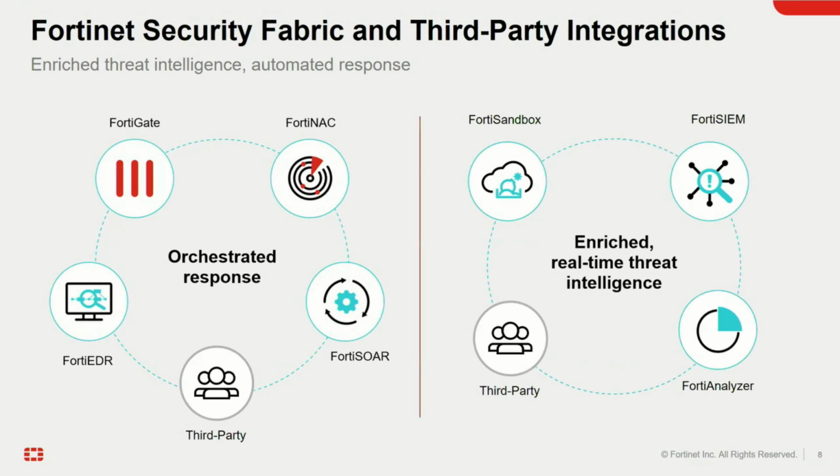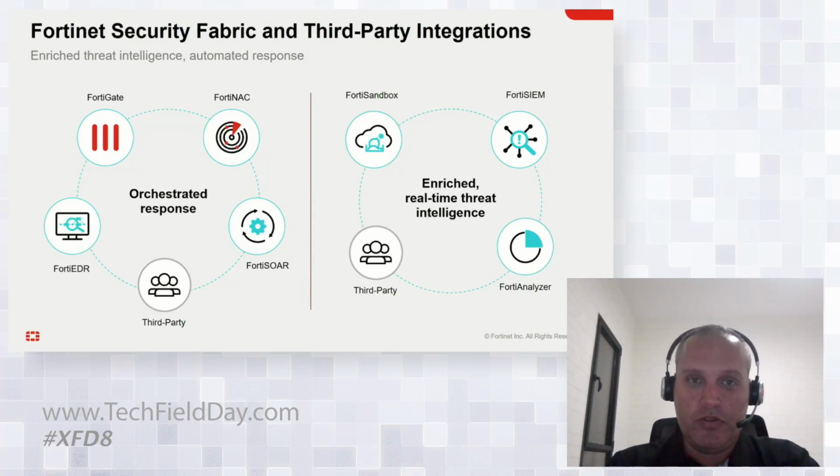So the question that was asked before, this is the way we look at it from the ecosystem perspective. On one hand, we orchestrate response: EDR, other EDR solutions, SOAR, other SOAR solutions, FortiNAC, other NAC, FortiGate, the rest of the firewalls. In each category, we have not just Fortinet products, we have all the most common brands in the market, the big ones.